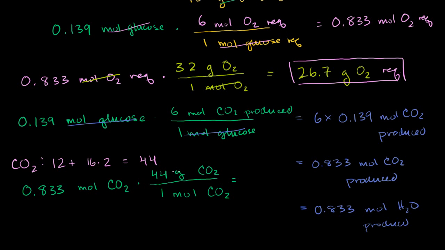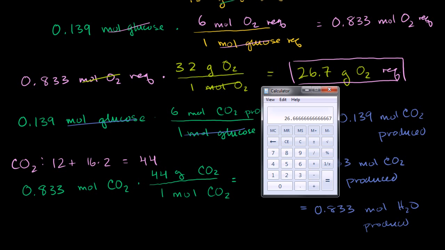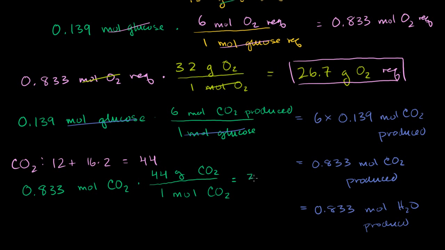So this is going to be 44 times 0.833. 0.833 times 44 is equal to 36, let's just say 36.7 grams of CO2 are going to be produced.